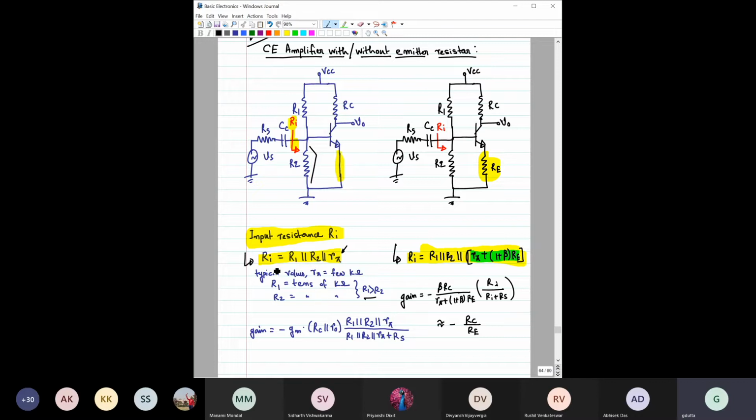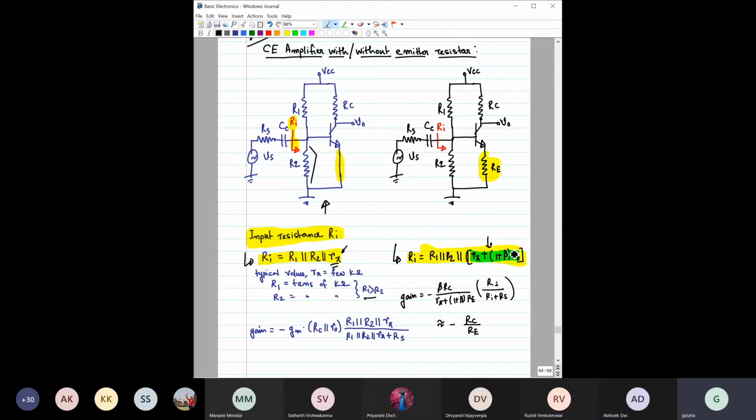Then if you see the equivalent resistance without this emitter resistor, for this case, the resultant resistance will be primarily determined by R pi, right? Because this R pi is the lowest one and all the resistances are in parallel. However, if you see from here, this resistance has changed to R pi plus (1 plus beta) into Re, and this Re would also be in kilo ohm, and that is multiplied with this 100, right?